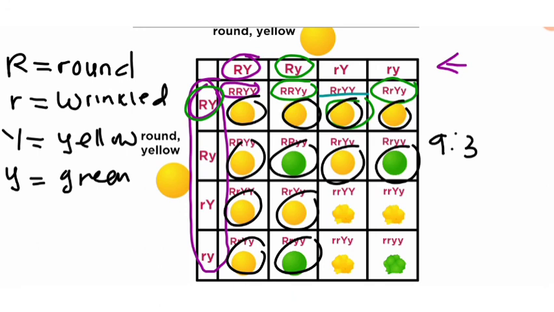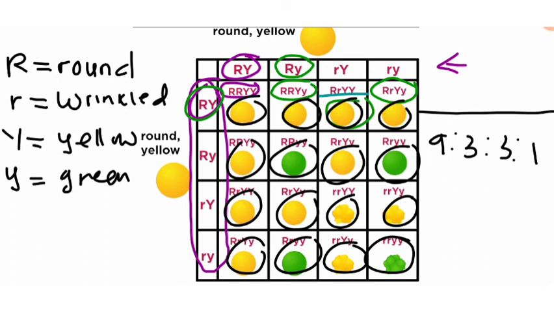Then when we count our yellow wrinkled, we've got 1, 2, 3. Then our green wrinkled, we've got only 1, which is that. So this is the ratio. We can say that this dihybrid crossing was conforming to the Mendelian 9:3:3:1 ratio.